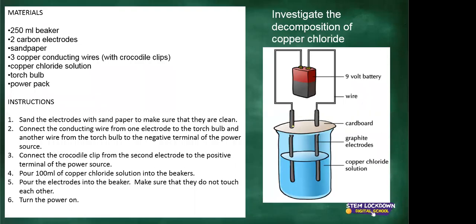They cut 2 holes in the cardboard so they could put the electrodes into the copper chloride solution. And this here is 100 milliliters of copper chloride solution. Okay, so now when we turn the power on, let's see what happens.